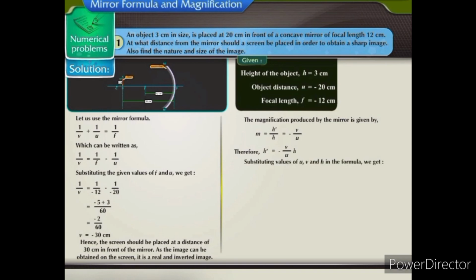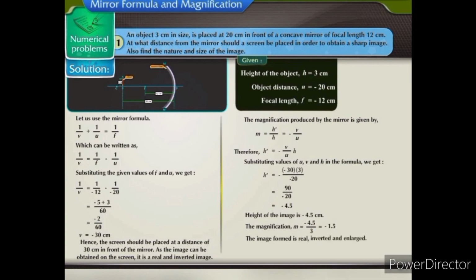Substituting given values of u, v and h, we have h dash is equal to minus of minus 30 multiplied by 3 divided by minus 20, which is equal to 90 divided by minus 20, which is equal to minus 4.5. Hence, the height of the image is 4.5 centimeter. Now the magnification M is equal to minus 4.5 divided by 3, which is equal to minus 1.5. Hence the image is real, inverted and enlarged.